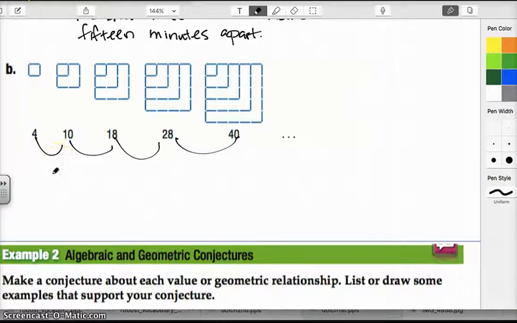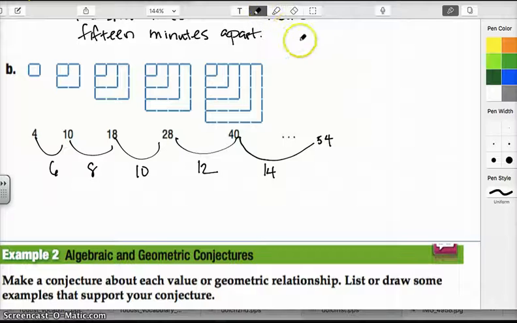So 4 to 10 is 6, 10 to 18 is 8, 18 to 28 is 10, 28 to 40 is 12. And so I'm looking at these numbers, 6, 8, 10, 12. I would think that the next one would be a jump of 14. I'm thinking 54.